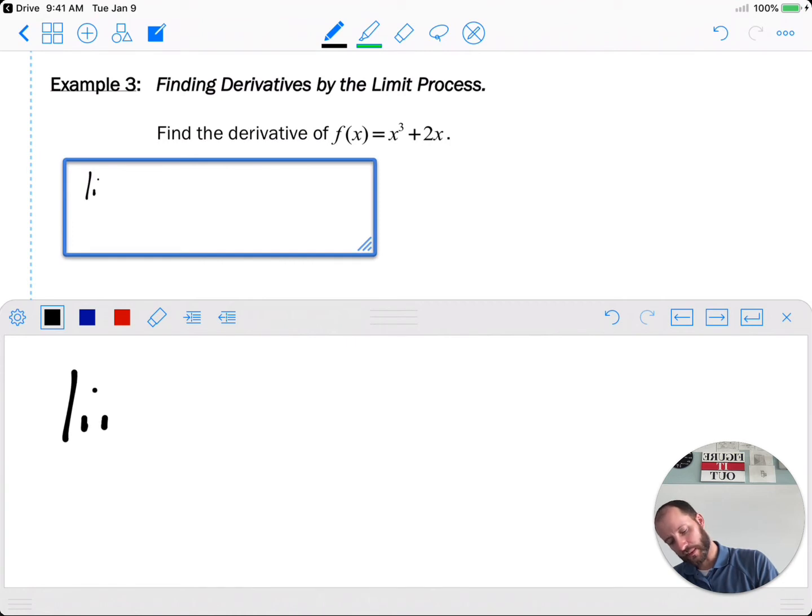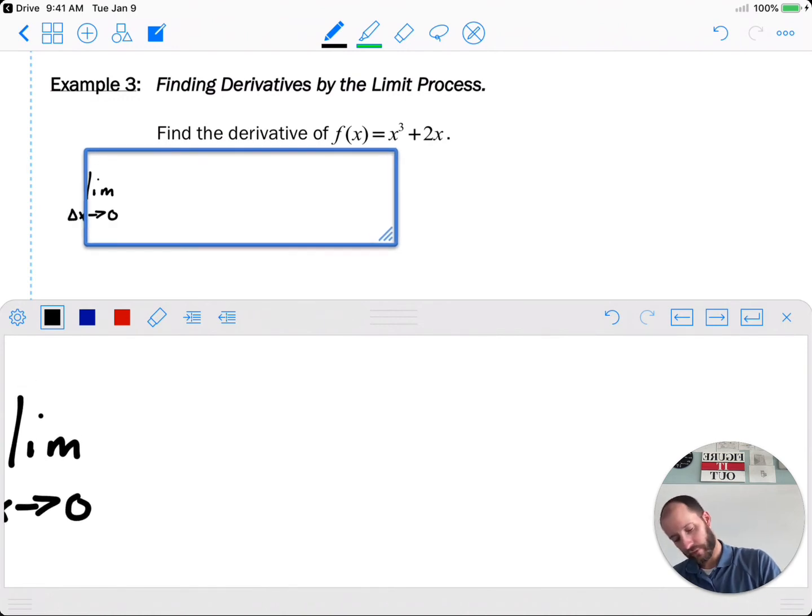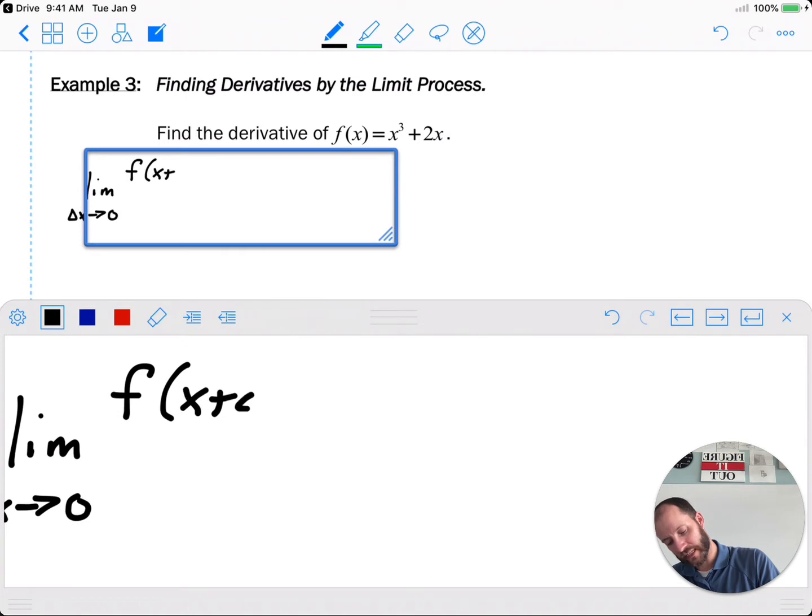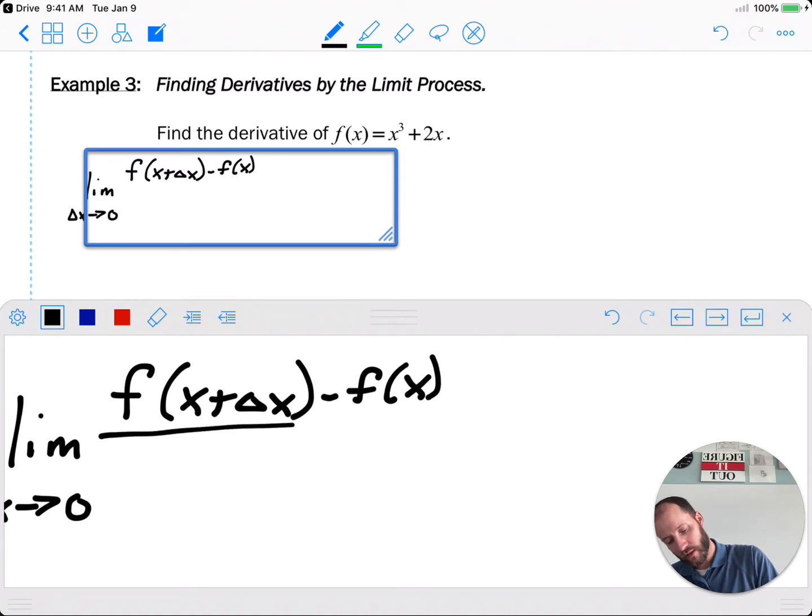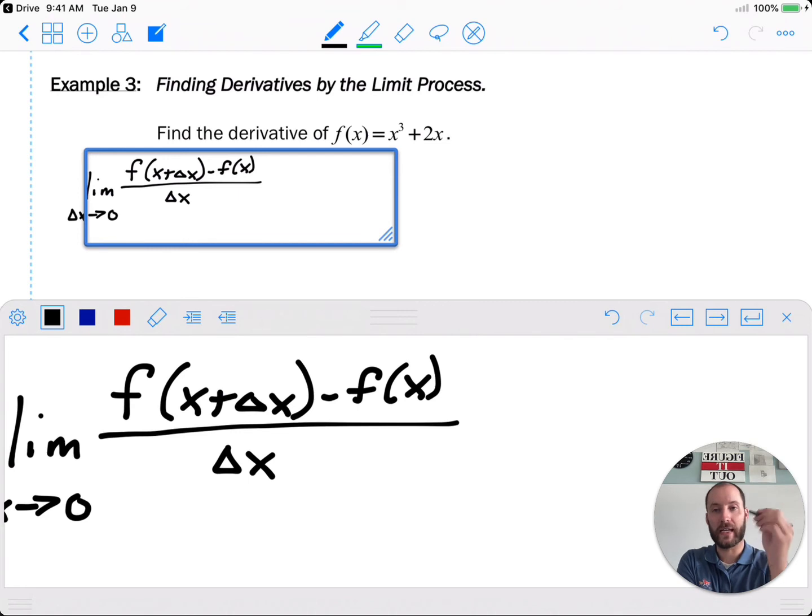We need the limit as delta x approaches 0. And our formula is f of x plus delta x minus f of x all over delta x.